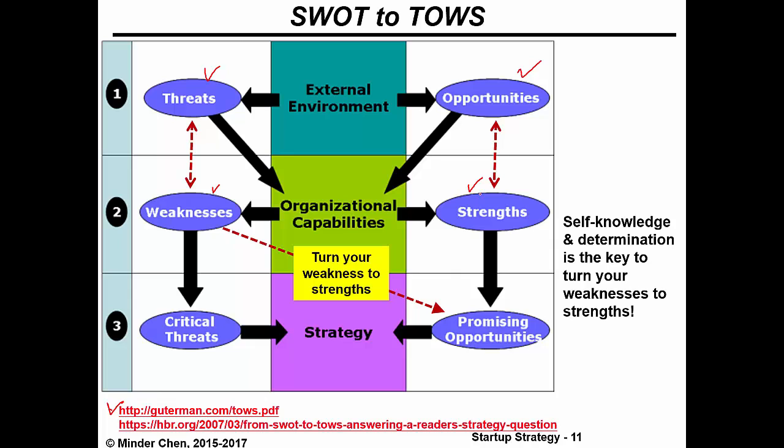And if you take advantage of your strengths facing the opportunity that's given, then that's a promising opportunity. Your strengths allow you to take advantage of certain opportunity. There are lots of opportunities almost every day in our surroundings, but some opportunity is not just for us to grab, due to who we are, what we know, or who we know, and so we decide that's really not an area that I'm good at.